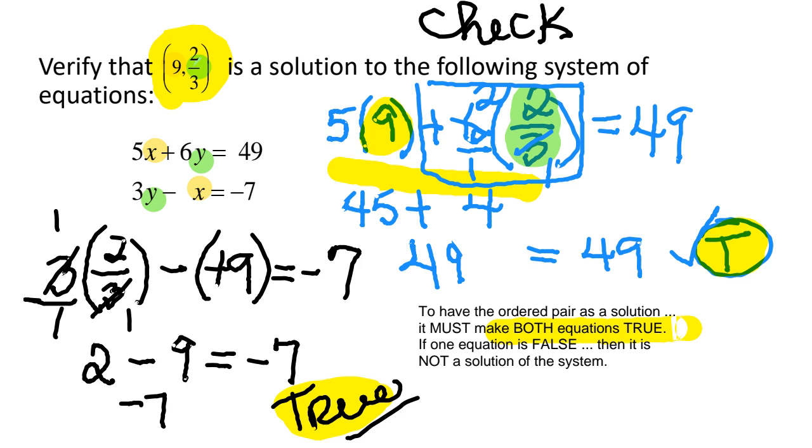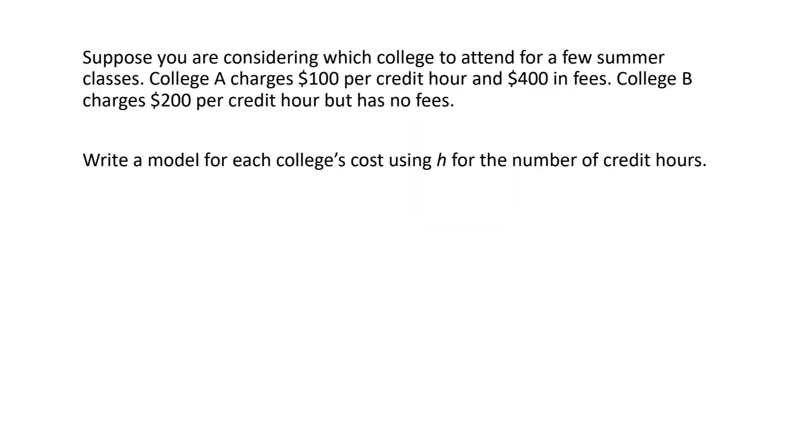Well, right here, this says, suppose you are considering which college to attend for a few summer classes. Now, College A charges $100 per credit hour and $400 in fees.